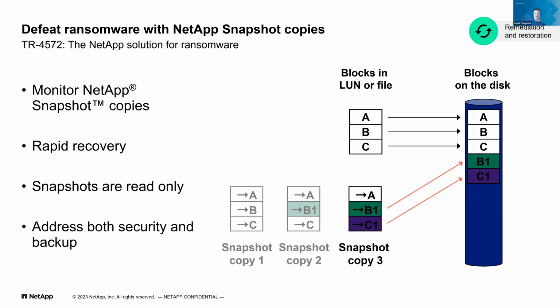It's worth mentioning also that starting with ONTAP 9.12.1, we now have the capability to do snapshot locking to protect snapshots from accidental or malicious deletion. This gives us the ability to protect snapshots on both primary and secondary systems.